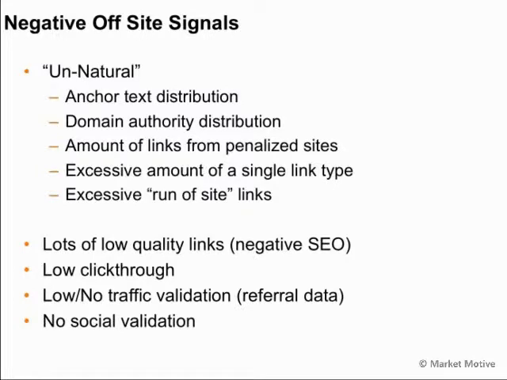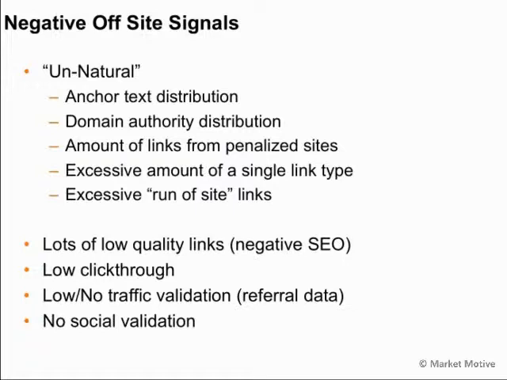So focus on getting rid of low-quality links, the ones that could be doing negative SEO to your site, links that have low click-through or no traffic validation, if there's no referral data, if there's no social validation to the pages on your site that those links are pointing to, meaning if those pages don't have any social signals but they have a bunch of links, that's kind of a negative signal because it's more likely that if you got links you would also have some social signals.